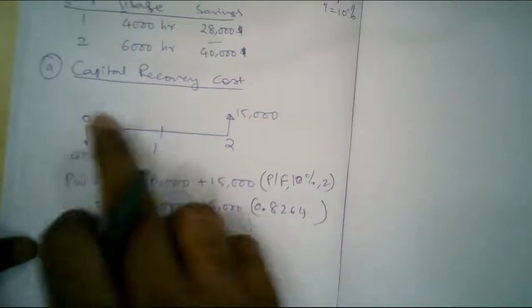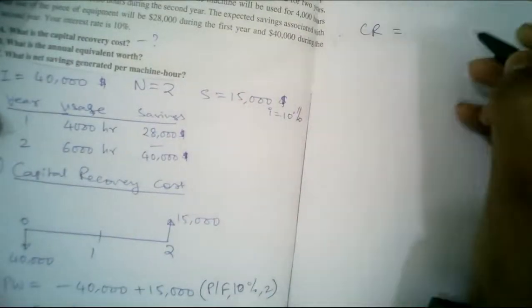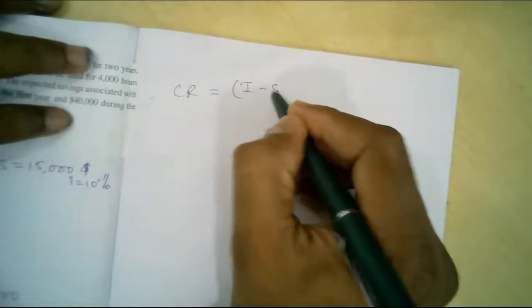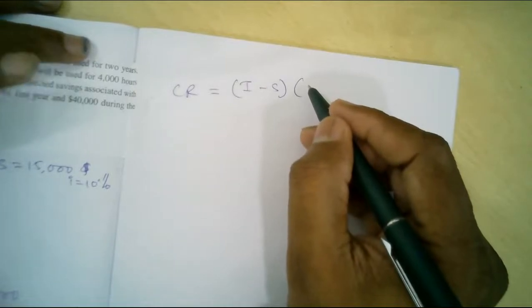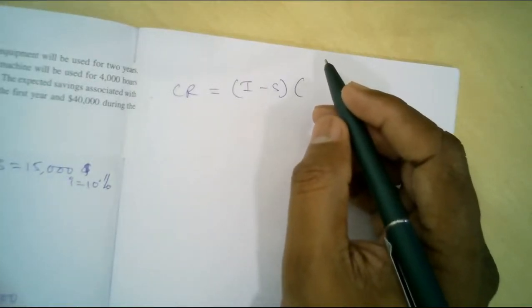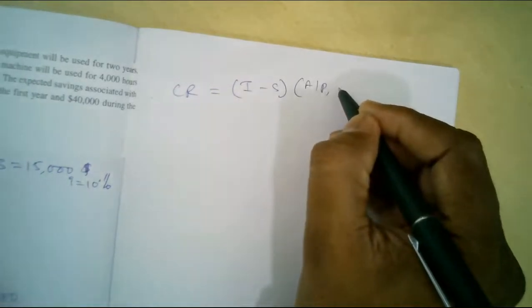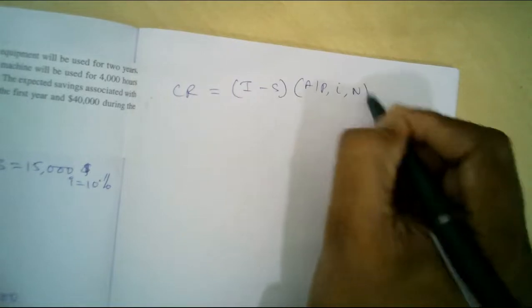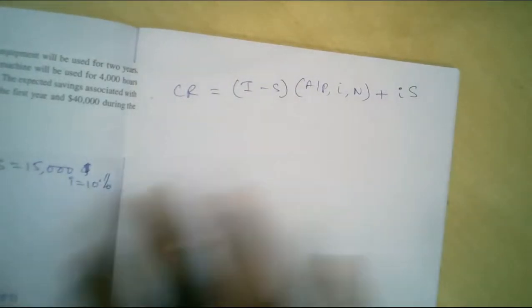Now there is a direct formula also for this, because these are standard things. The capital recovery cost formula is like this: initial investment minus salvage value, multiplied by A by P at i percentage and N years, plus i into S, the salvage value.